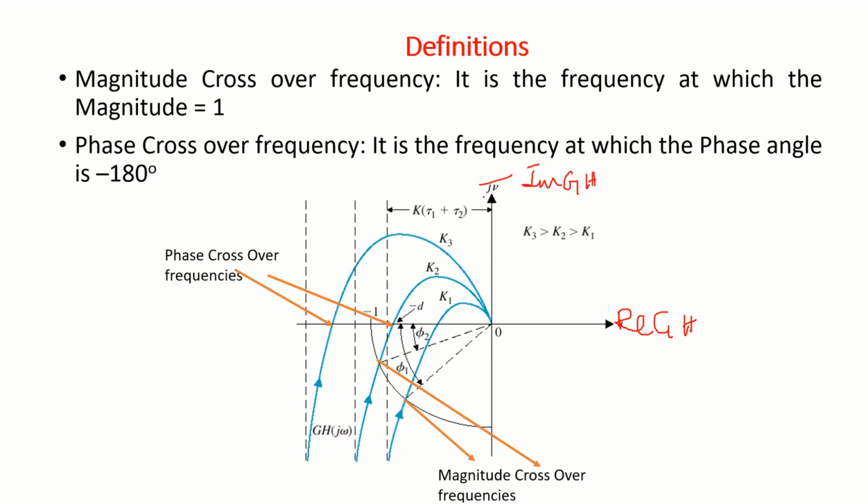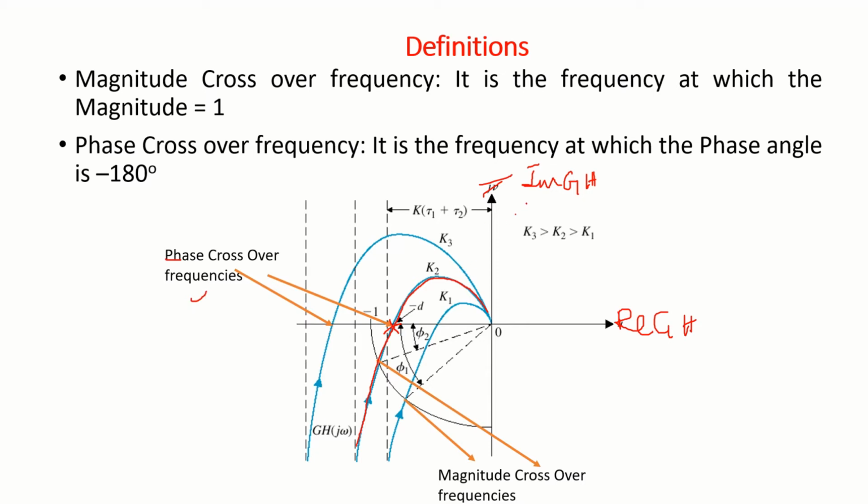I have drawn the polar plot for a given transfer function for k1, k2, k3 like this. You take any one polar plot. The point at which it crosses -180 degrees, I call the phase crossover, and the corresponding frequency is the phase crossover frequency.